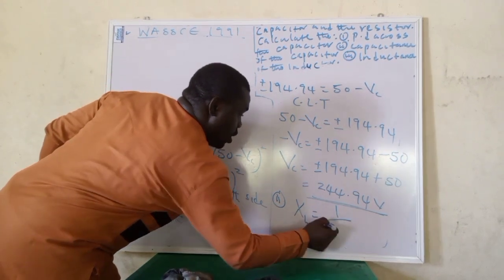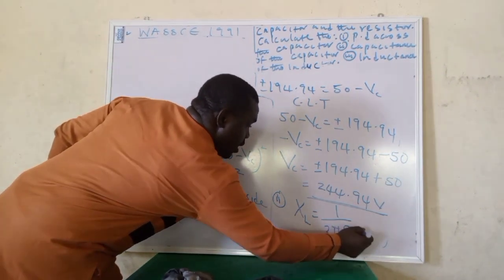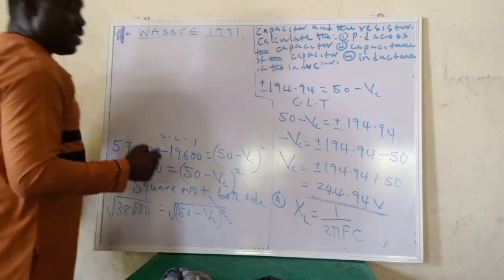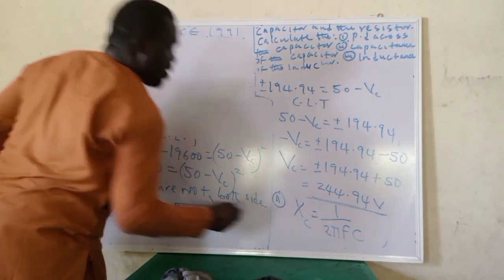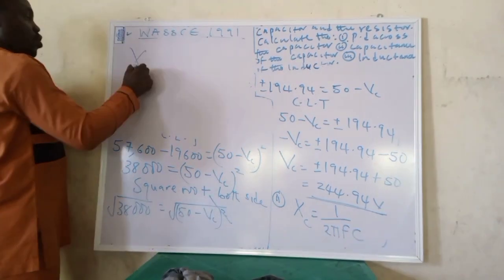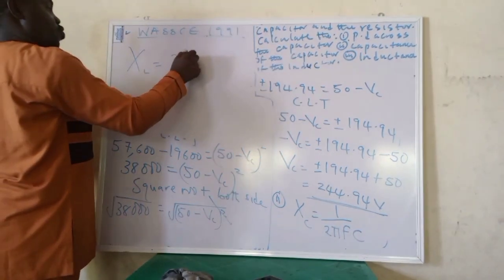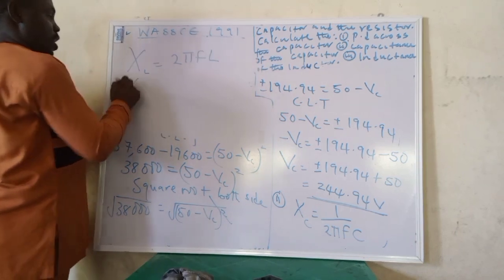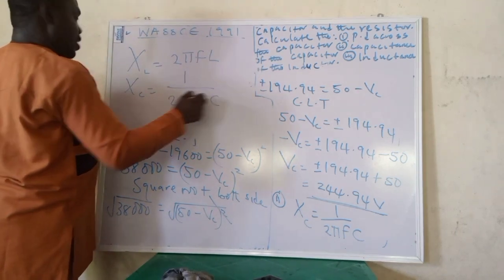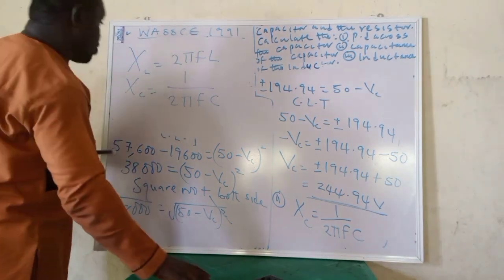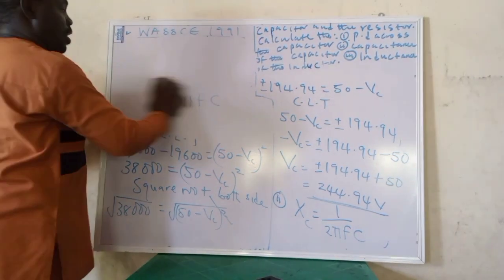XL equals to 1 over XC. I wrote XL. Please, for those of you who are watching, XL is 2 pi LF. XC is 1 over 2 pi FC. My students are intelligent students, so they are following up.